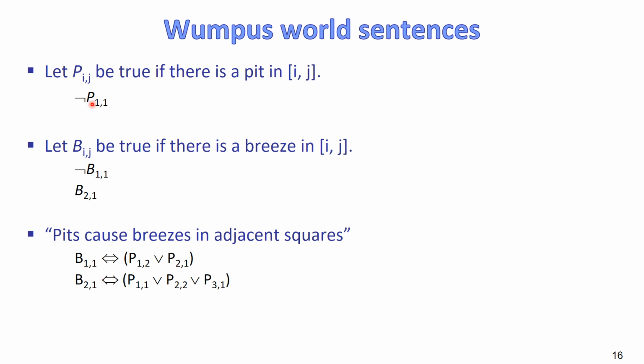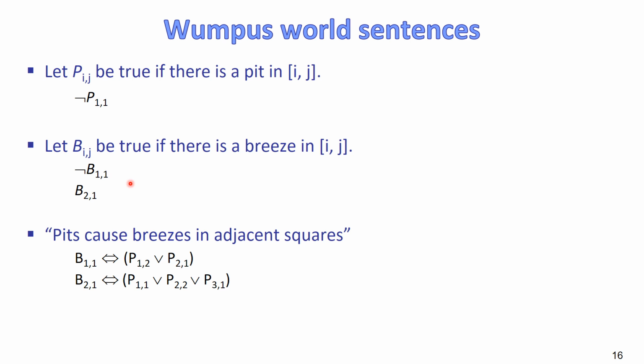So we should not say P34, for example, if we didn't explore room 3,4 and don't know anything. We always add to the knowledge base things that are true, that are certain, that are sure. Okay, so that's of course an easy way to represent whether there's a pit or not.